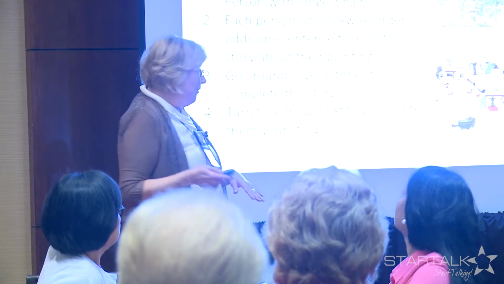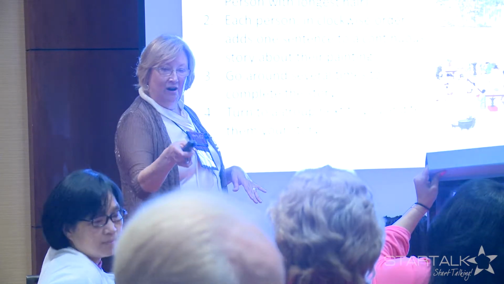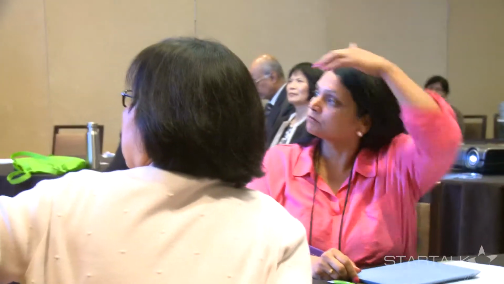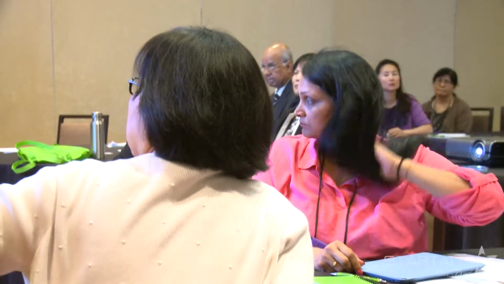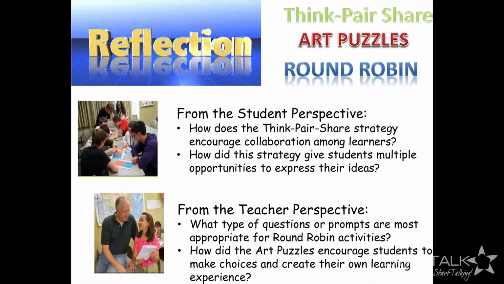But before we go on to the next activity, I'm just reminding you of your handout where you are putting what principle you think these activities are. We've had activity 1 with Think-Pair-Share. We've had the round robin. And because we want to think from a student perspective about Think-Pair-Share, how does that encourage collaboration?